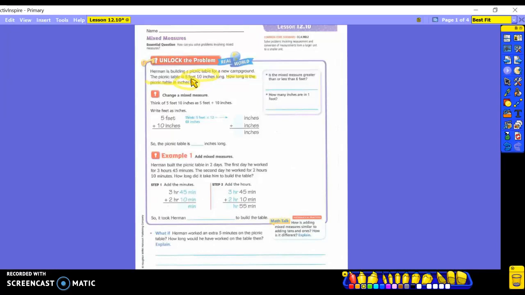Looking in the box to the right, is the mixed measure greater than or less than 6 feet? They gave it to you as 5 feet 10 inches. Is it greater than or less than 6 feet? Less than.